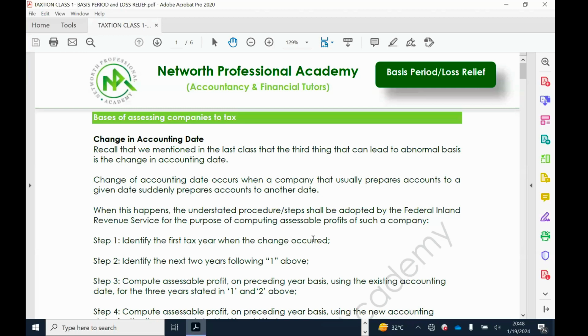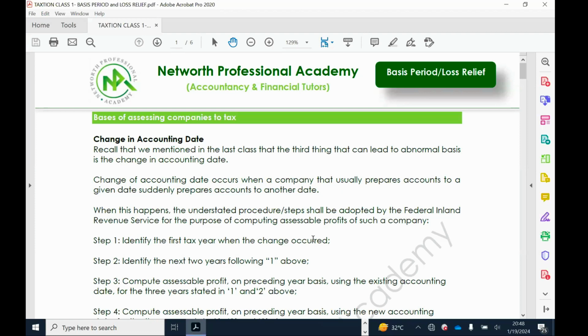I said that because I work a lot closely with companies in the financial services industry. In 2020, CBN issued a mandate that all banks must now prepare their accounts to 31st December every year. Initially, banks normally had the liberty of deciding what accounting year end they wanted to choose.